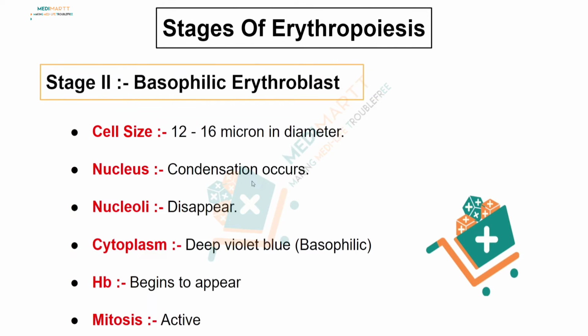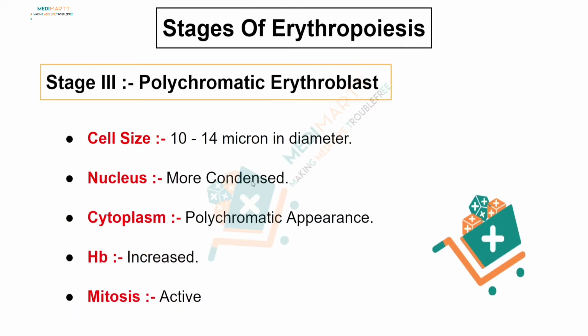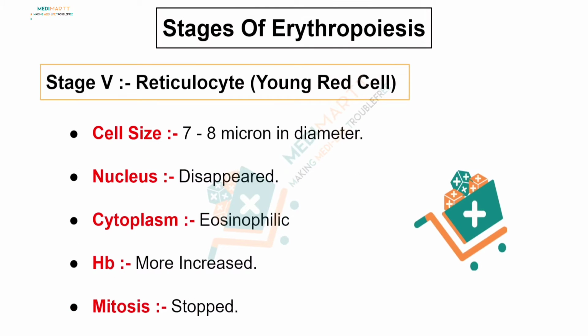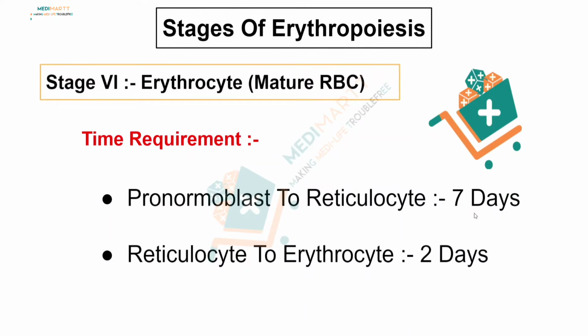So from the pro-normoblast, that is stage 1, to stage 5, the reticulocyte, it took around 7 days, and then from reticulocyte to erythrocyte it took around 2 days. So that's the thing about the stages of erythropoiesis.